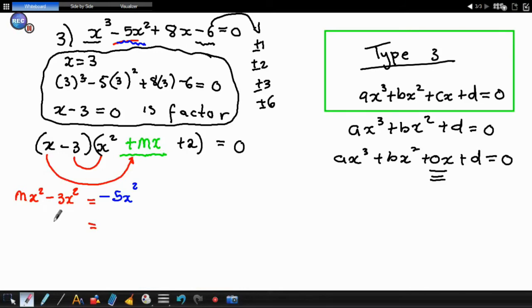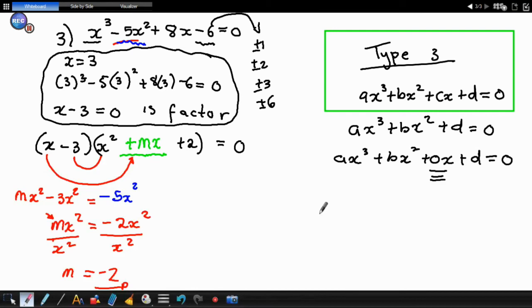So, simple. I can take the negative 3x squared to the right-hand side. It will give me a negative 2x squared, and then you'll be left with mx squared this side. Then from here, I can divide by x squared on both sides, and the answer you're going to get is m is equal to negative 2.